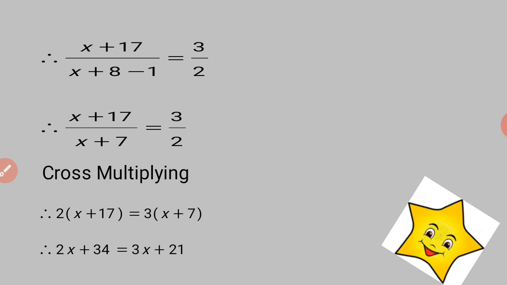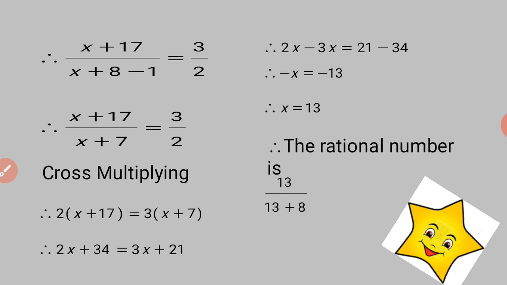Solve it and you get the value of x, which is equal to 13. And this was our numerator, whereas the denominator was numerator plus 8. So that is how we get the rational number as 13 upon 21.